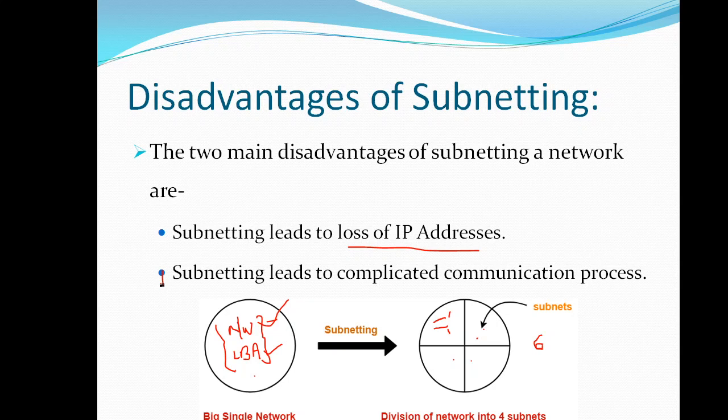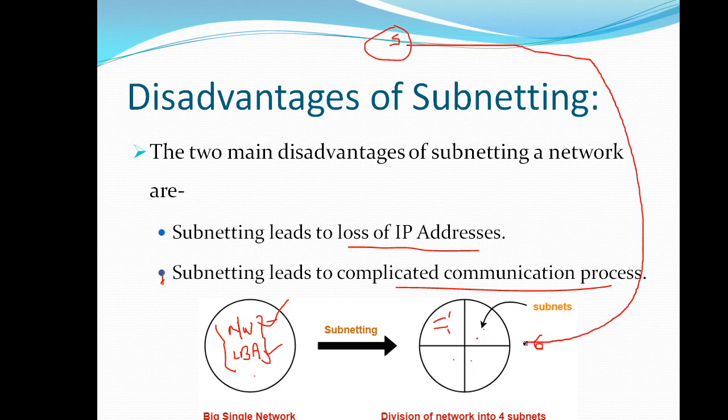Subnetting also leads to a complicated communication process. Why? For example, the source wants to send some information to a destination that is available in a subnet. From the source IP address, the nearest router moves the packets. This router analyzes which network it is.